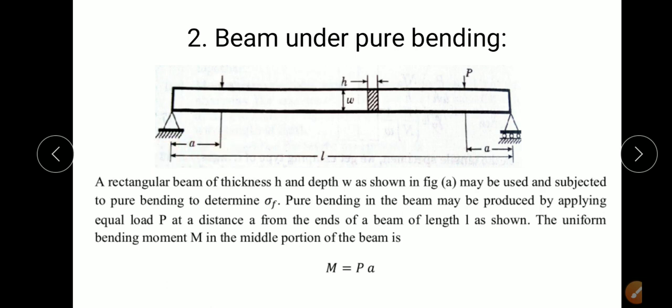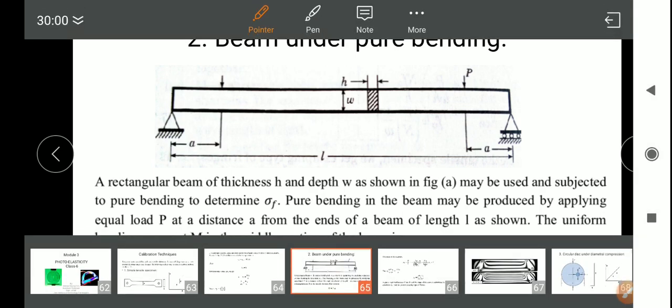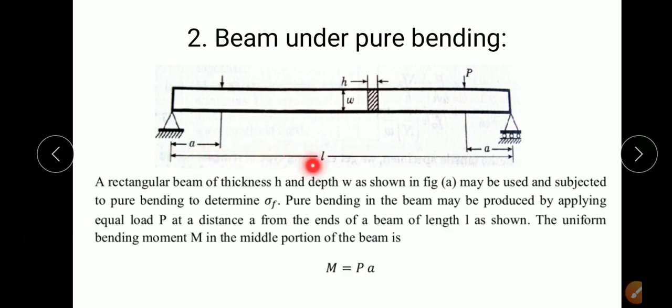The beam has length small l, and you apply the 4-point bending load.